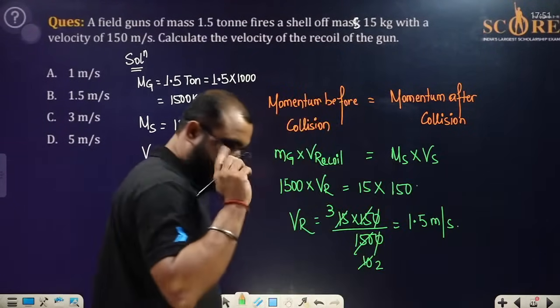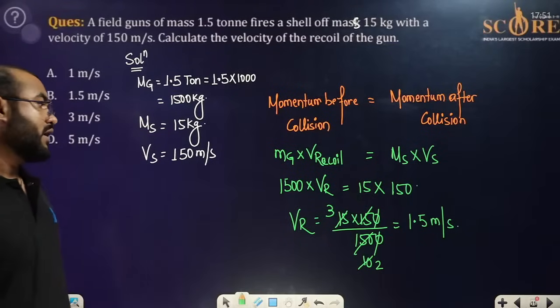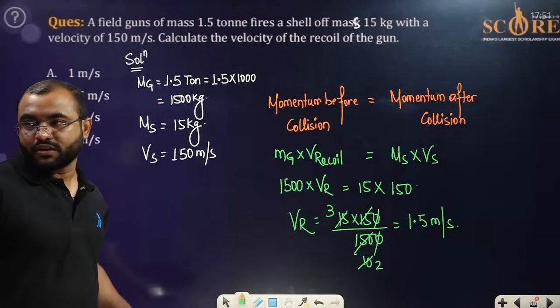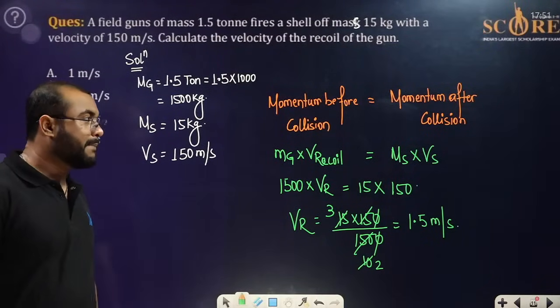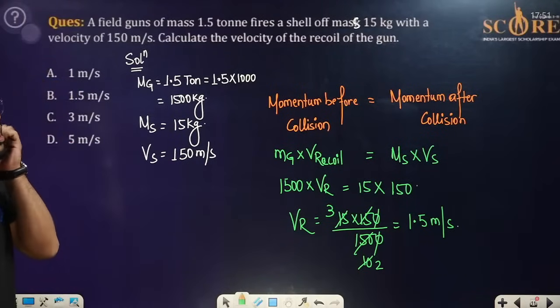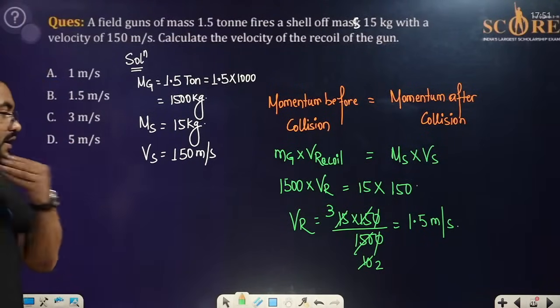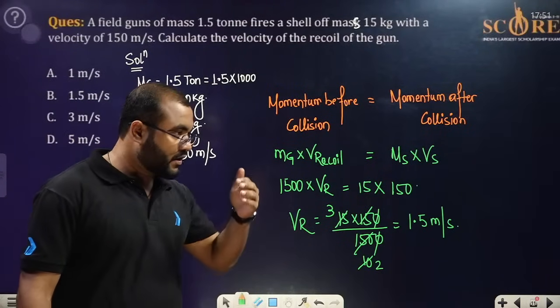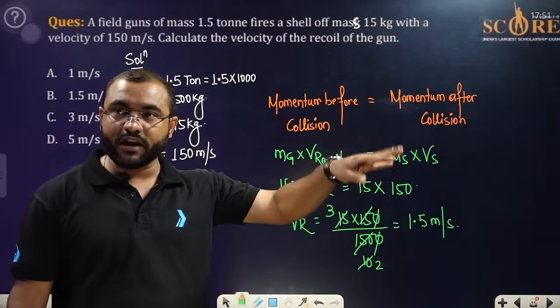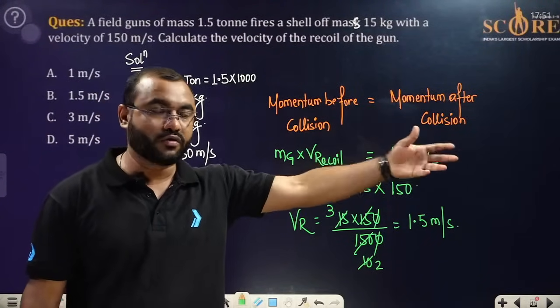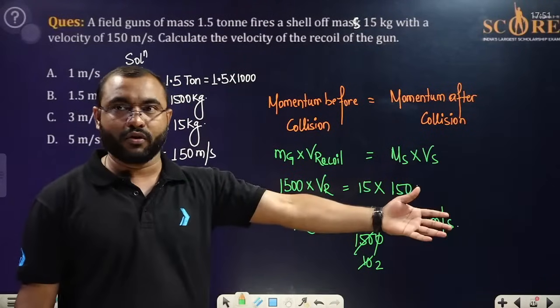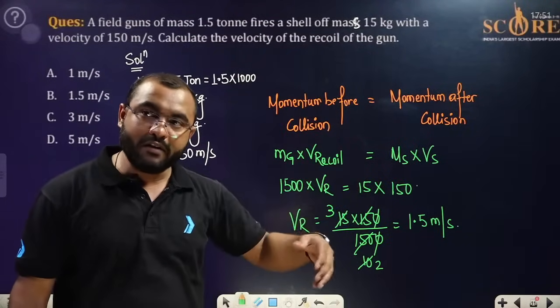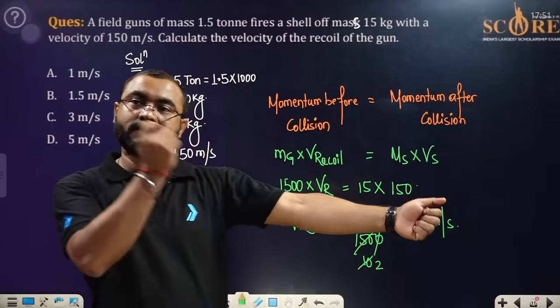Now there is one catch. What is the catch? The answer is 1.5, that is for sure. There is no problem in that. But when we talk about the recoil, the bullet is moving forward, so according to us the direction is forward. But the direction of the recoil velocity is opposite to it.